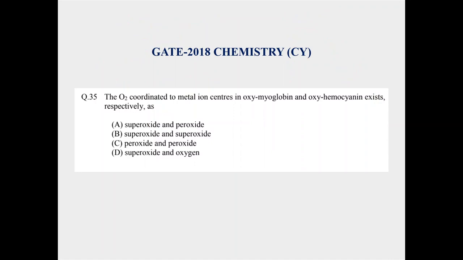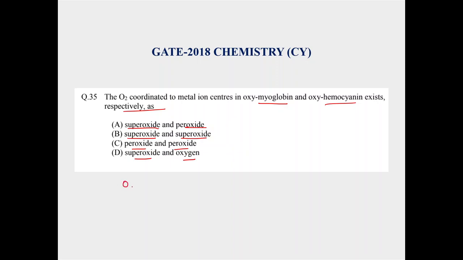Okay, so we will move on to the next question. Question number 35 from the 2018 paper only. The question is: the O2 coordinated to metal ion centers in oxymyoglobin and oxyhemocyanin exists respectively as option A, superoxide and peroxide, option B, superoxide and superoxide, option C, peroxide and peroxide, option D, superoxide and oxygen.